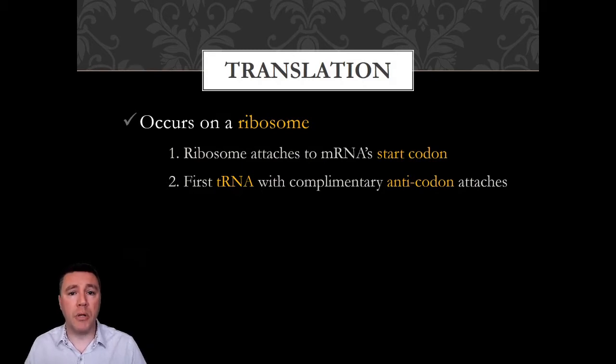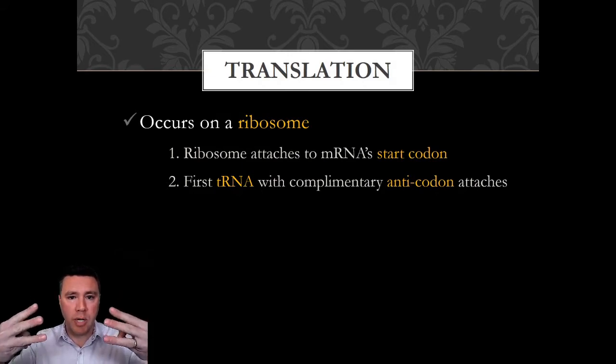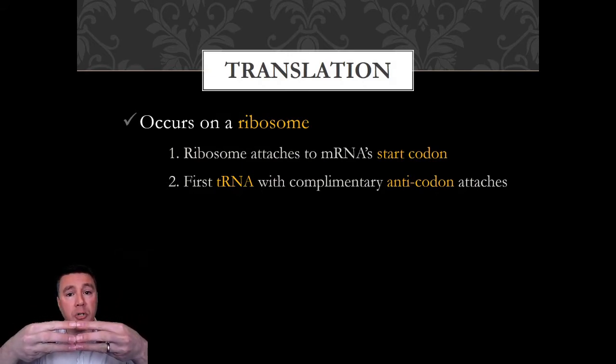Now, the way that the transfer RNAs and the messenger RNAs connect to one another is because messenger RNAs have codons and transfer RNAs have anticodons. They're both 3 nucleotides long and they're complementary to one another.